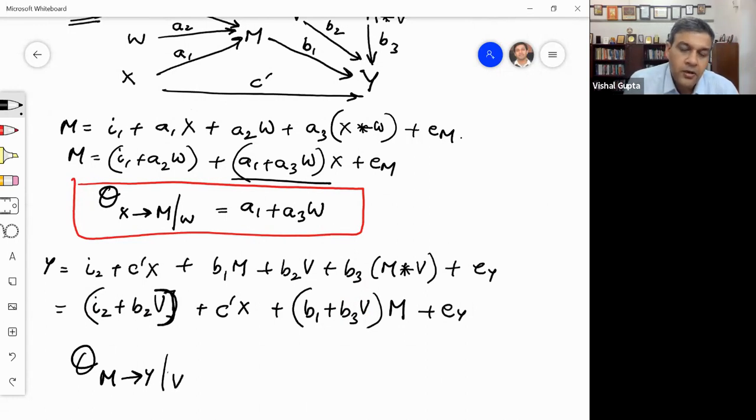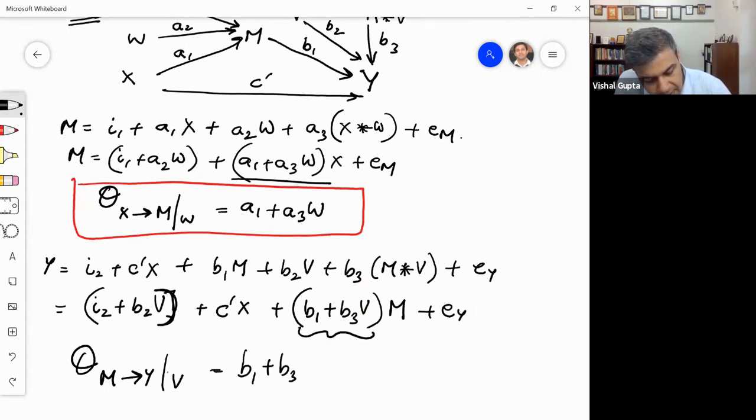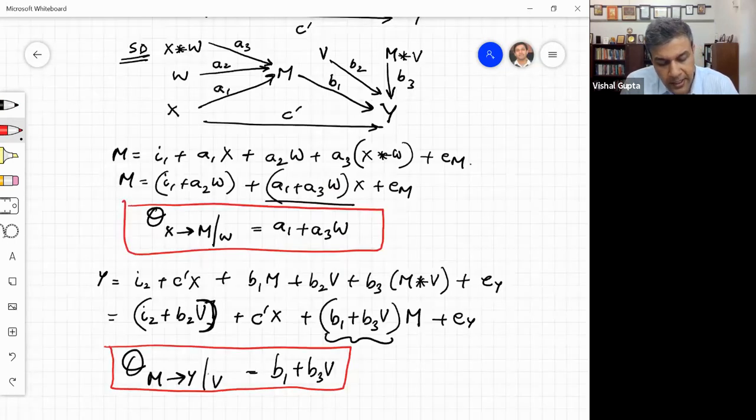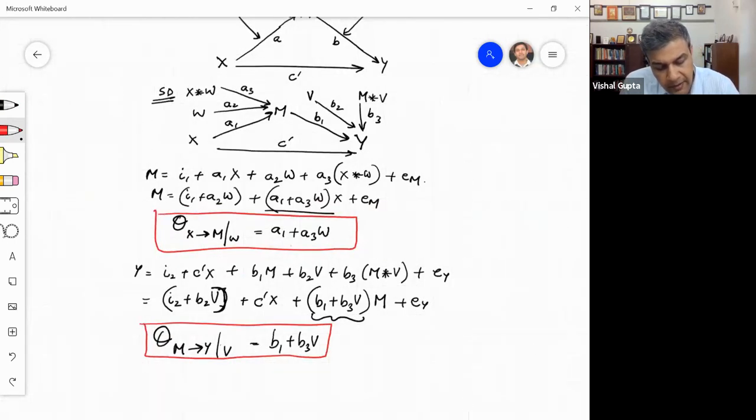This is conditional on V, and that is given by B1 plus B3V.